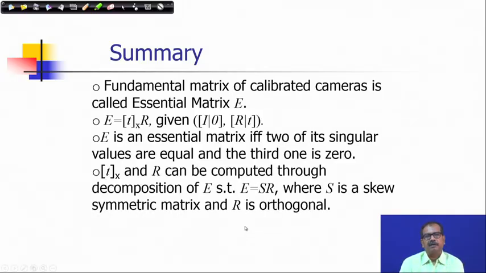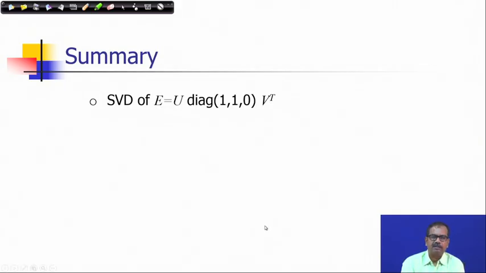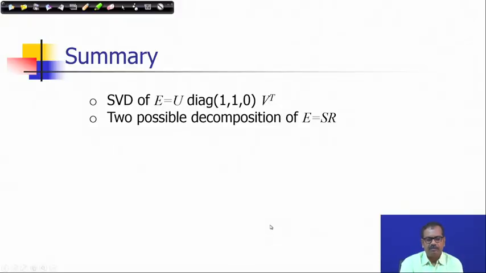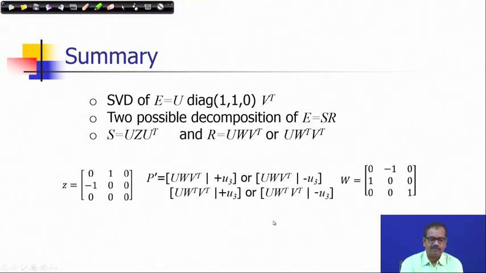Then you can compute these components, T prime cross and R, by matrix decomposition of E such that E equals SR, where S is a skew symmetric matrix and R is orthogonal. If you have this decomposition, then you can also compute the projection matrices, which are shown here. Apply singular value decomposition to the essential matrix, and there could be 2 possible decompositions of this essential matrix, shown here.